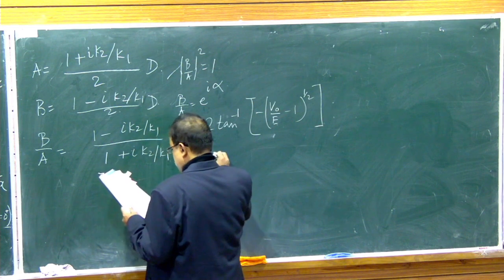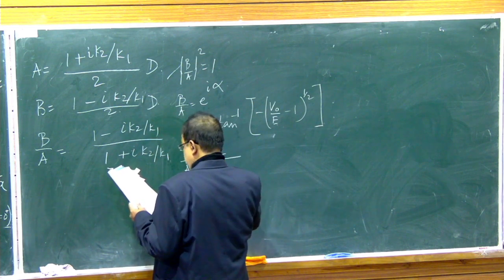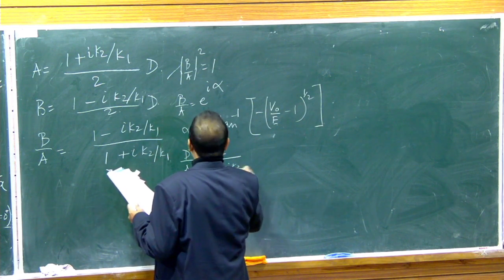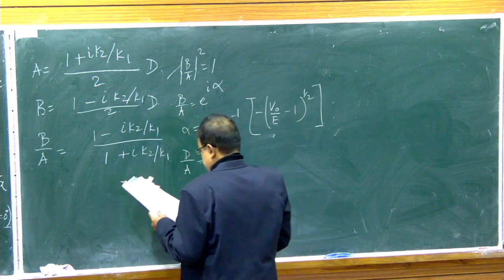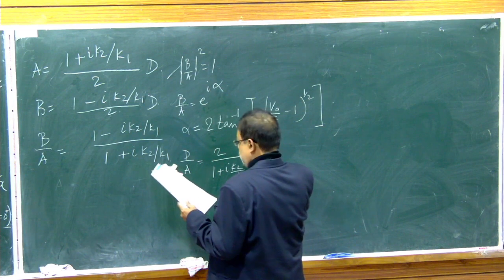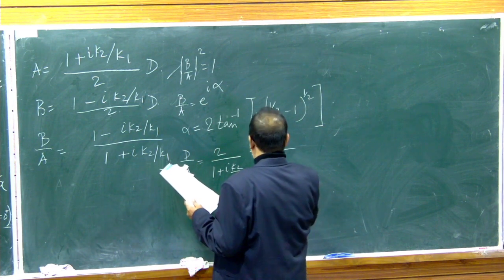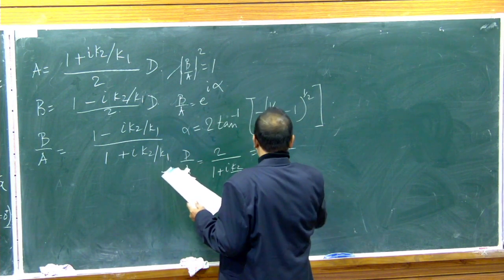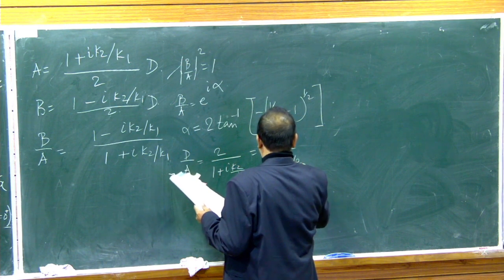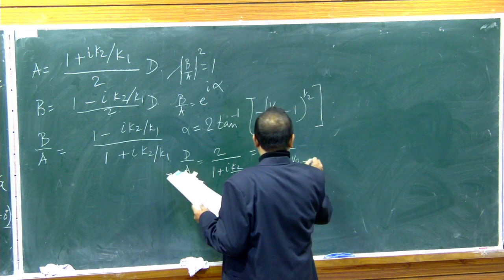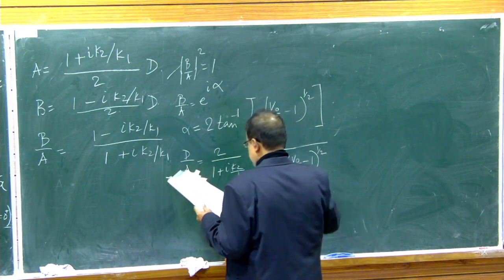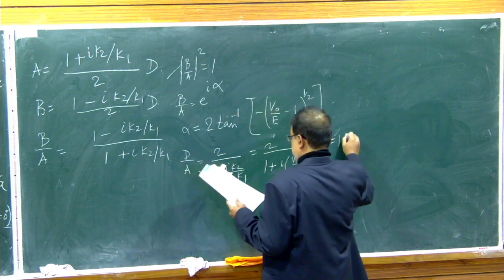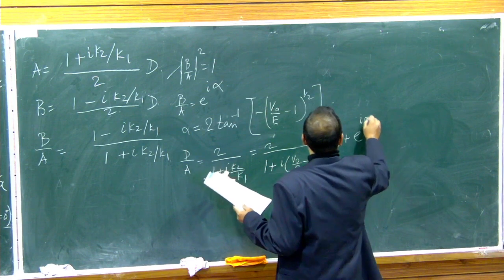so that's equal to 2 divided by 1 plus I k2 by k1. So, this is equal to 2 divided by 1 plus I times V naught by E minus 1, whole to the power half, and this is equal to 1 plus exponential I alpha.